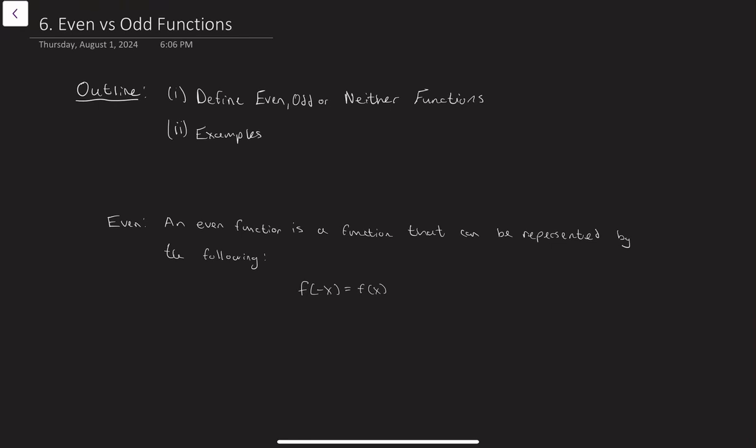So if this statement is true, if f of negative x is equal to f of x right here, we have an even function. That's it.